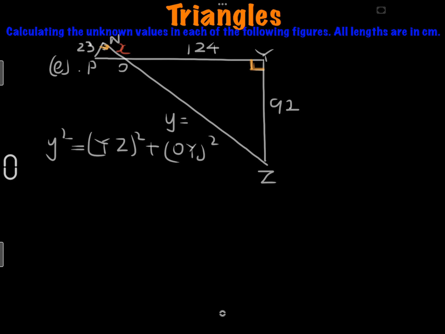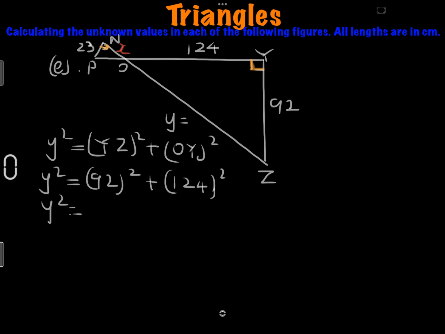By substitution, Y squared is equal to 92 centimeters squared plus 124 centimeters squared.